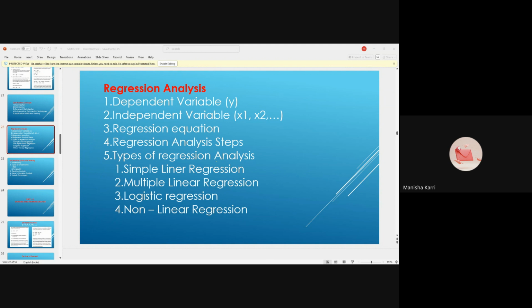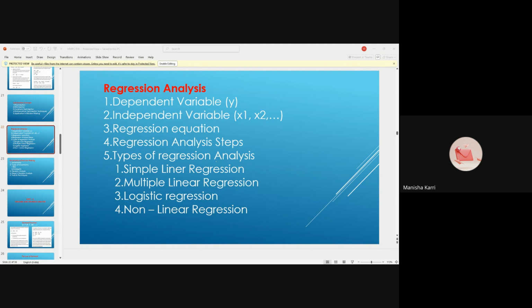And coming to logistic regression, it is used when the dependent variable is binary, for example, yes or no, or 1 or 0, like this. And coming to non-linear regression, it is used when the relationship between variables is not linear.